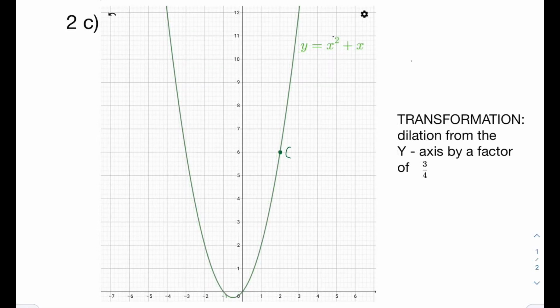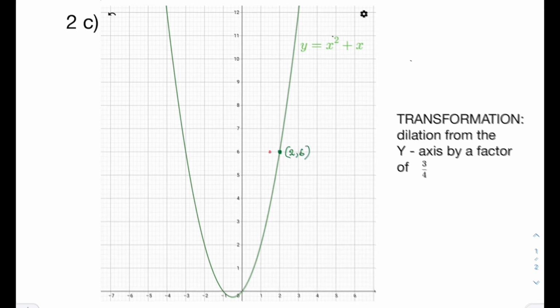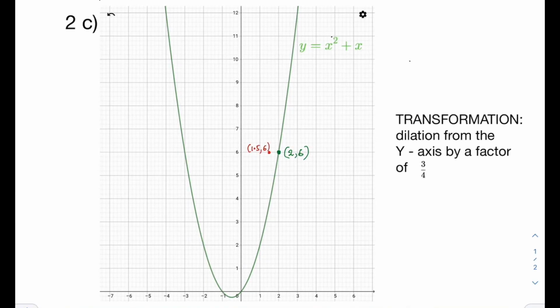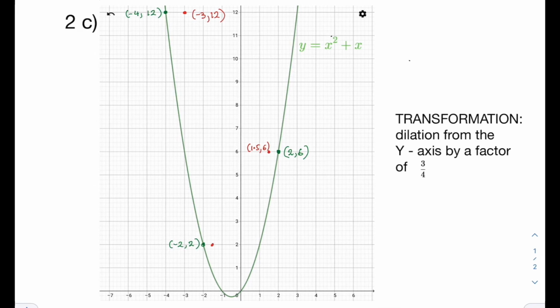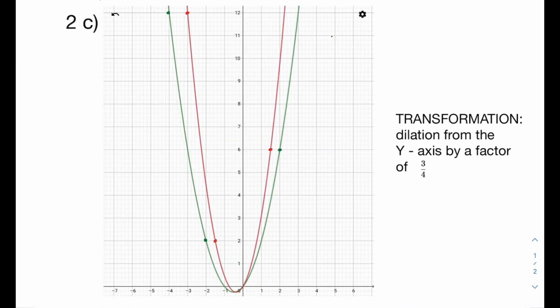So the point (2, 6) becomes the point (1.5, 6), and the point (-4, 12) becomes the point (-3, 12), and the point (-2, 2) becomes (-1.5, 2), and so on. The resulting image is a horizontal squash of the original function.